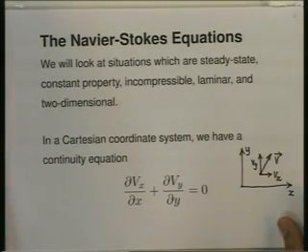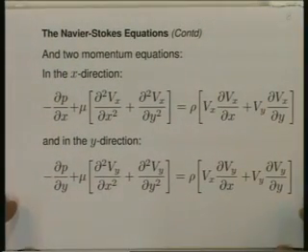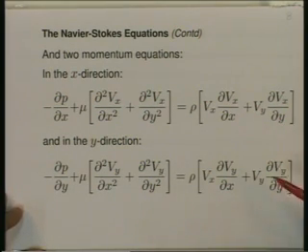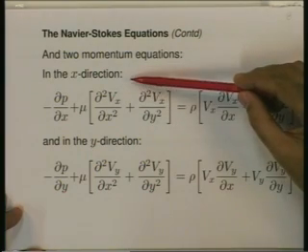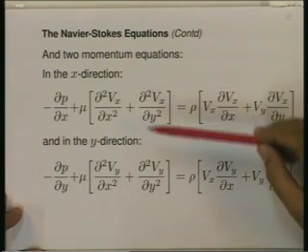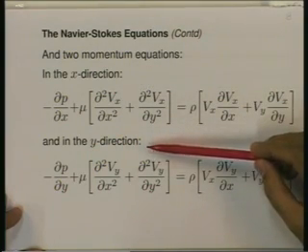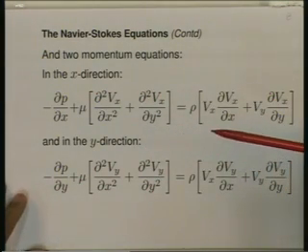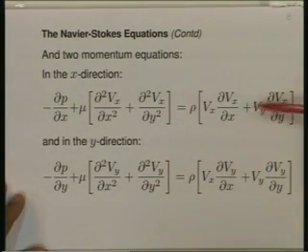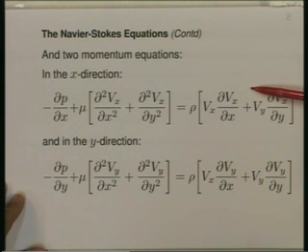Since we are looking at a two-dimensional case, we will have two momentum equations, one representing conservation of momentum in the x direction and another representing conservation of momentum in the y direction. These are the two equations, the x momentum conservation equation and the y momentum conservation equation.